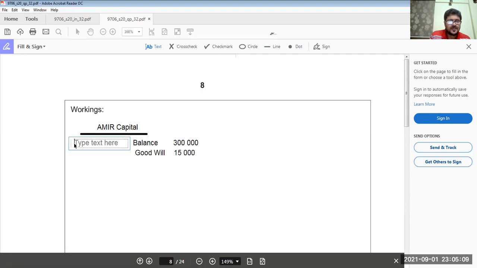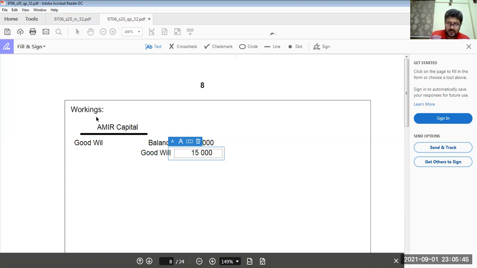Now, after winding up, the goodwill will be reduced because they don't want the goodwill in the books. Now, the goodwill becomes 25 plus 50, 75,000.